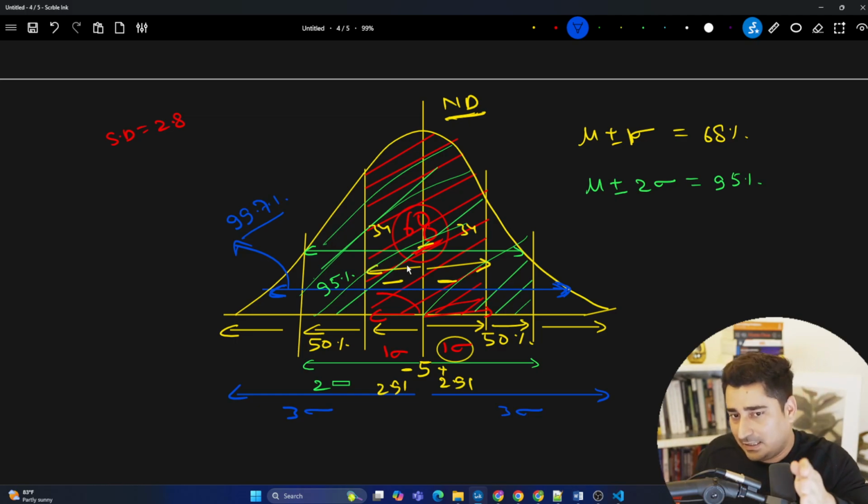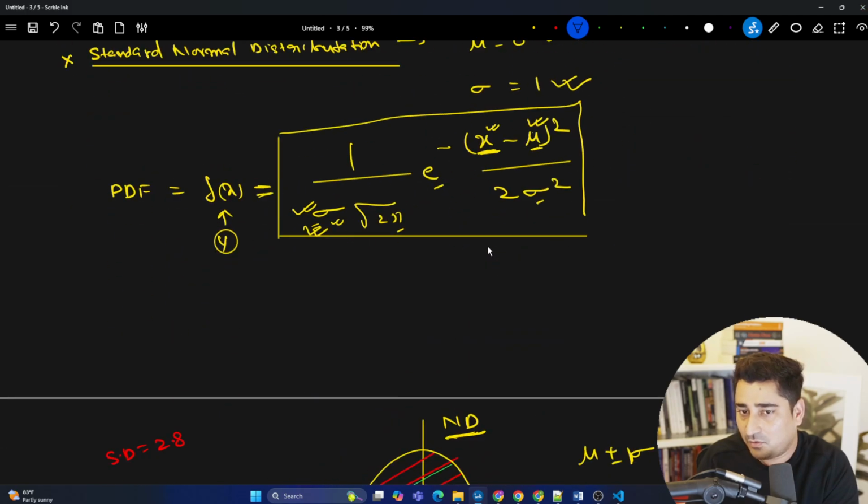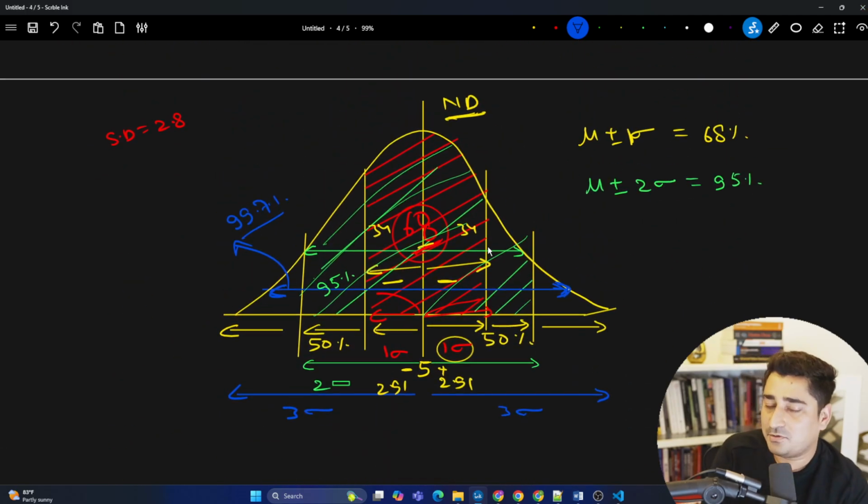So basically the graph which I'm trying to plot with the help of this PDF function, the complex formula that I have written over here, it is trying to tell you the occurrence of data in a particular area.